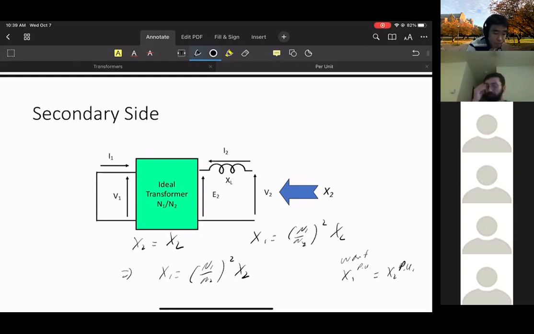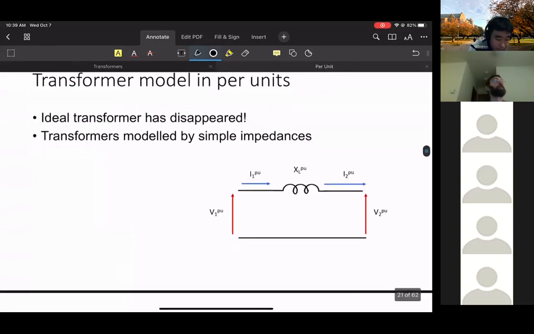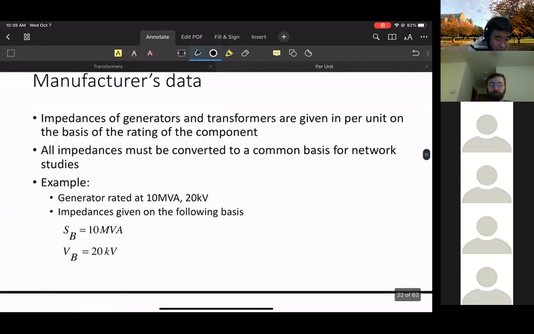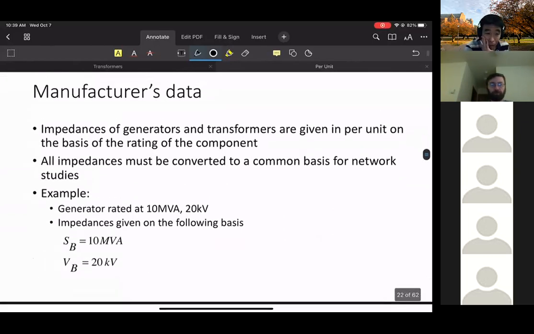So the idea is to get rid of the transformer. Real life is not quite that simple, because when you buy a transformer, the manufacturer really doesn't know how big your power is, for example.